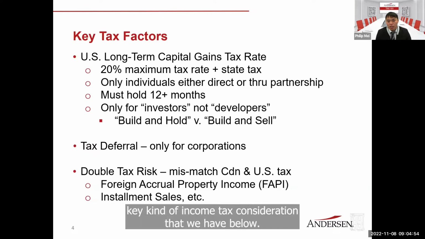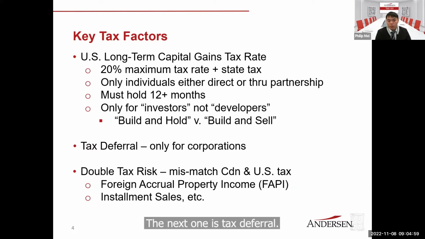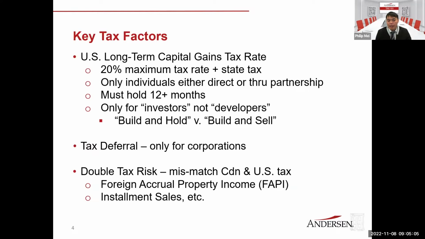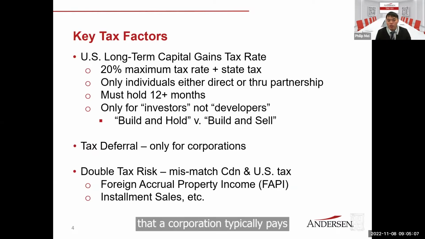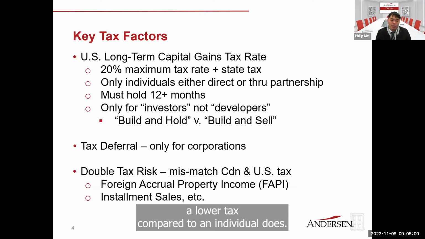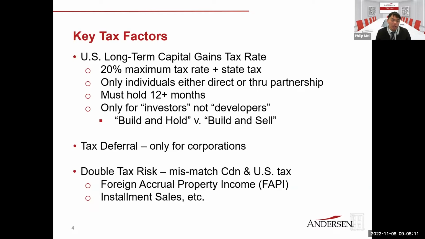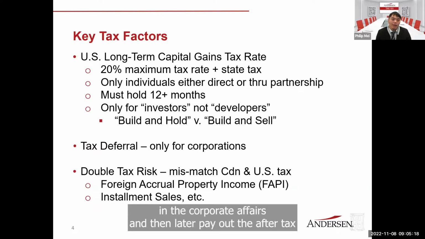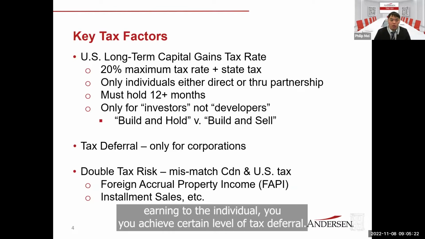So this is the key income tax consideration that we have figured out. The next one is tax deferral. A lot of our audience should be familiar with this concept: a corporation typically pays lower tax compared to an individual. So if we are able to have the income subject to taxation in the corporation first, and then later pay out the after-tax earnings to the individual, you achieve a certain level of tax deferral.